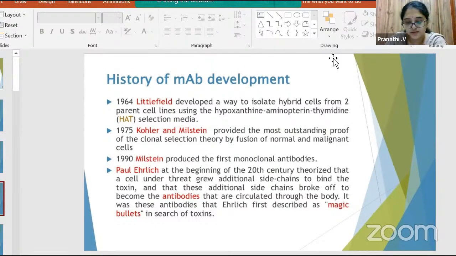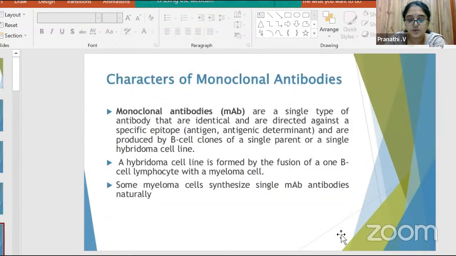They fused antibody producing B lymphocytes with myeloma cells in vitro, that is, they created a hybridoma, and this was used against antigens so as to recognize and work against those particular antigens. It is a single type of antibody, identical, directed against a specific epitope, that is antigen or antigenic determinant, produced by B cells of a single parent from a single hybridoma cell line.